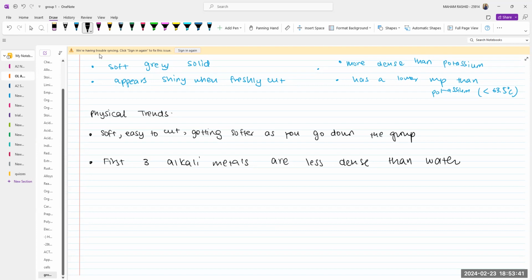Okay, first three alkali metals are less dense than water. Then the last physical trend is they all have relatively low melting points. Low melting points, which decrease. This is an important point as you move down the group.